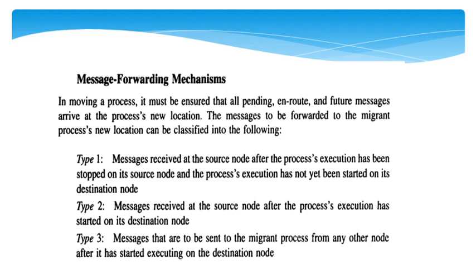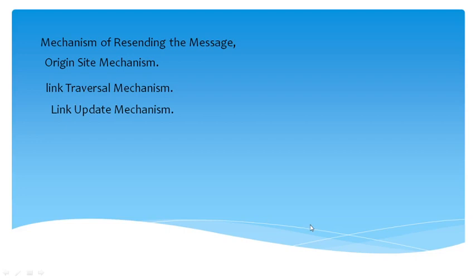If it is on another node, the origin site will forward those messages to the currently executing destination node. This method is not good in terms of reliability, because failure of the origin site will disrupt the message forwarding. We cannot pass the messages to the process executing on the destination node if the origin site has failed. So this is not a good mechanism for forwarding messages.